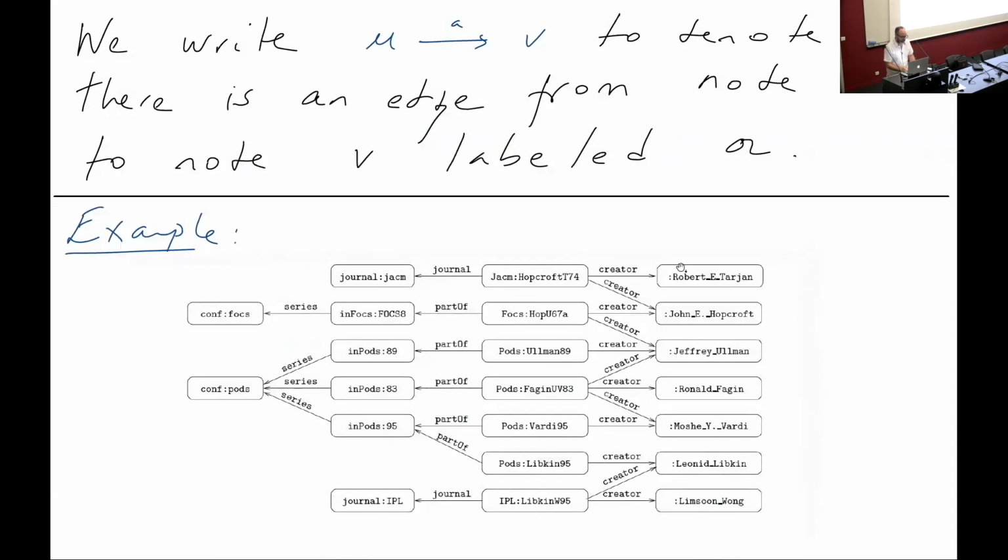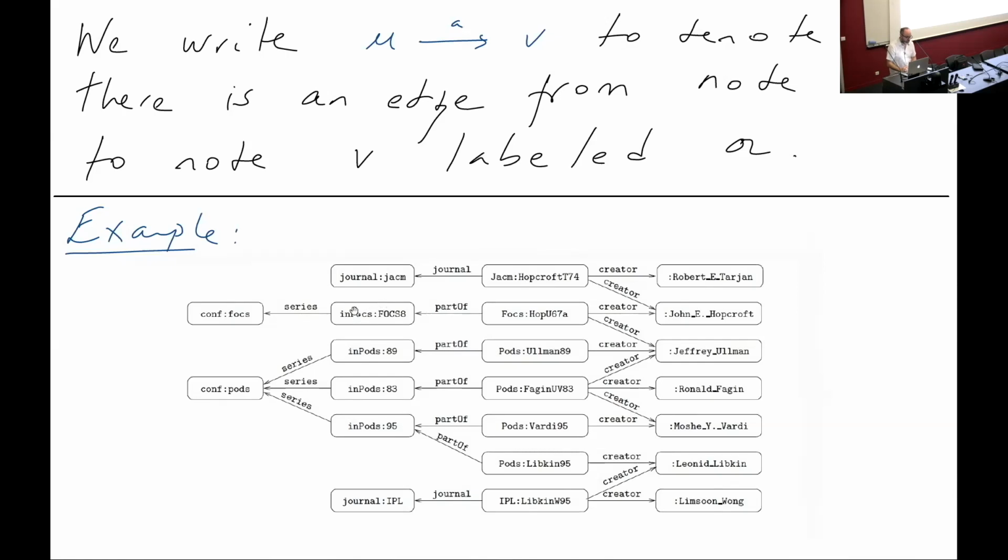This is an edge-label graph. The names of the nodes are just for identification. They are not important for us in the model, right? It's just the name, the node IDs, let's say. So we have authors, researchers here. We have papers here. Each paper is created by one or more authors. Then each paper either appears in a journal, like this one, or is part of an edition of a conference.